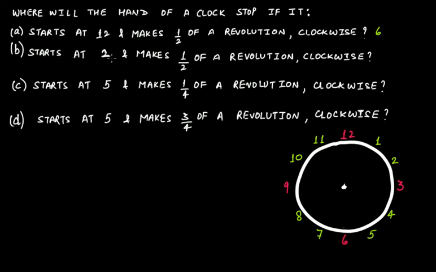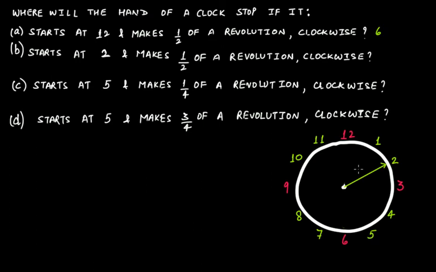The hour hand starts at 2 and makes half of a revolution. So again, your hour hand is at 2, and it has rotated in a way that it has made half of a revolution. Half of a revolution again means what? It has rotated through 2 right angles, and therefore it's making a straight angle now.